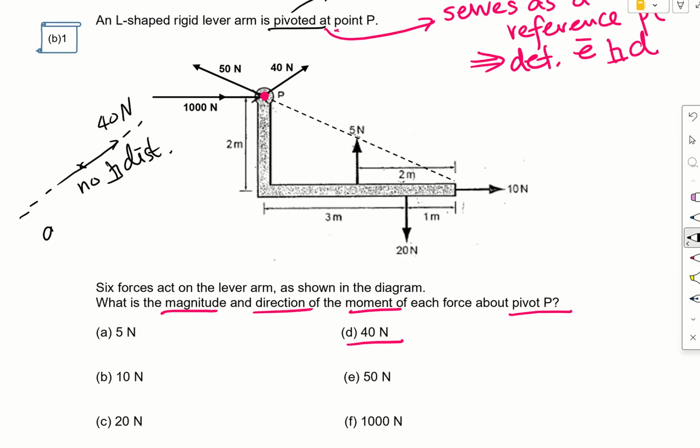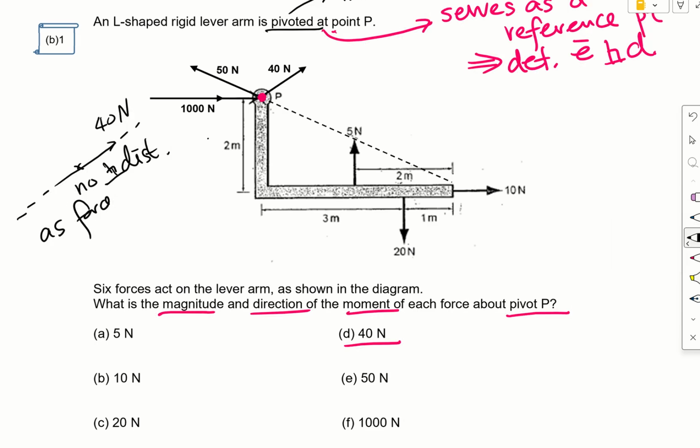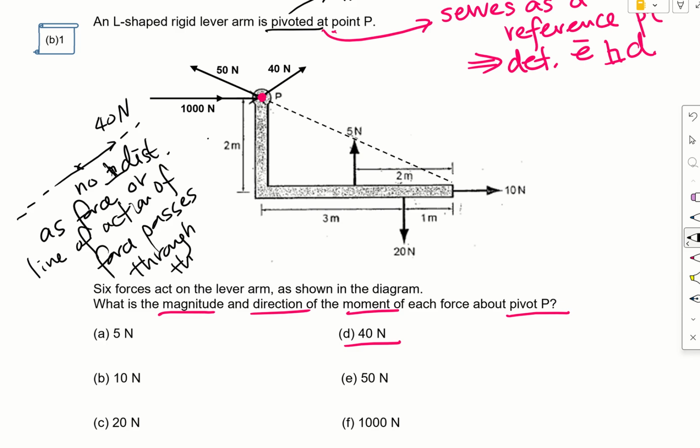As the line of action of the force passes through the pivot, and since perpendicular distance is 0, and based on the formula, moment equals force times perpendicular distance, I have a force, but my perpendicular distance is 0 with respect to the pivot.